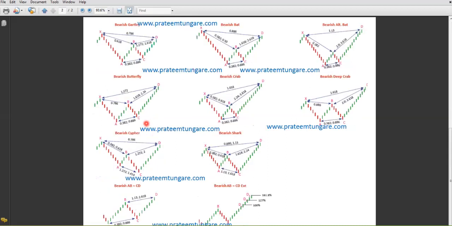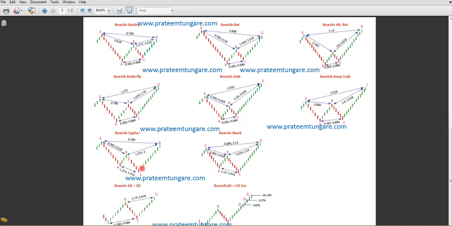In the same fashion, if it is a bearish pattern, a W, you are able to see a W and the D point is at the top, it is a bearish pattern. If it is a bearish pattern and the value of C is greater than A, then it will belong to group A. It could be among these 6 patterns.